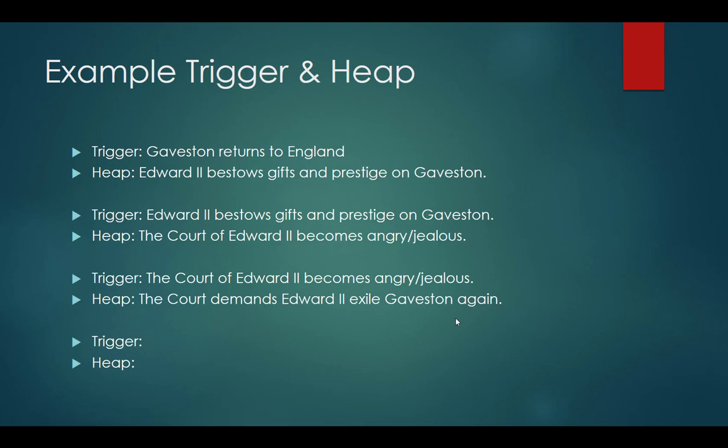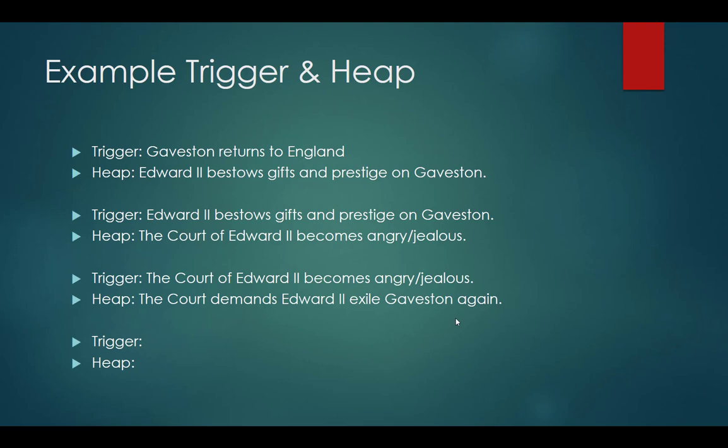So let's take our play Edward II for an example. We've got early on in the play, right, a trigger. Gaveston returns to England. So Edward I dies, Edward II is going to ascend to the throne. That means that Gaveston can come home, basically. So the trigger is Gaveston comes back. That's the first event.